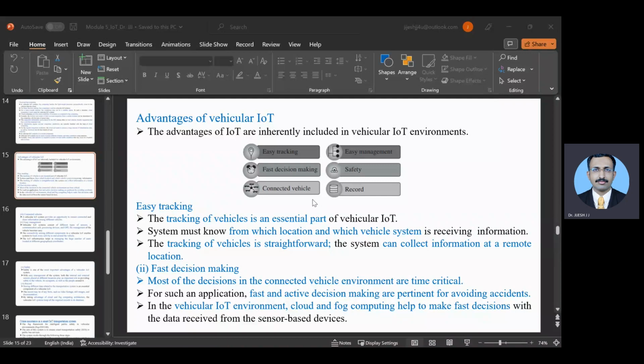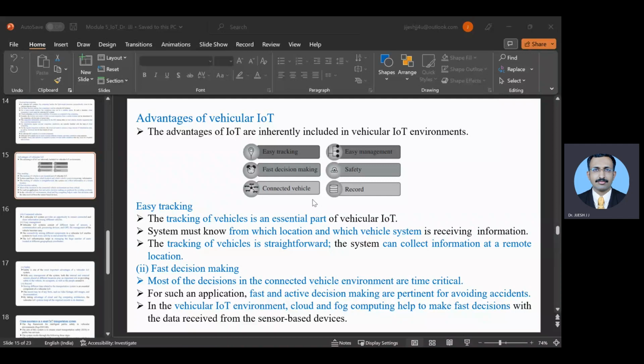Now we will discuss connected vehicles. In connected vehicles, it provides an opportunity for us to remain connected and share information at different locations.